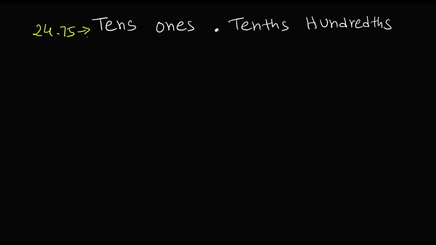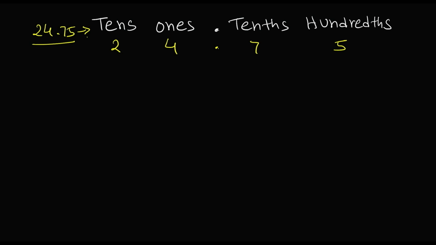So we can write this number as: tens place 2, ones place 4, dot, tenths place 7, hundredths place 5. Right? So we can read it as 24 and 75 hundredths. Okay.